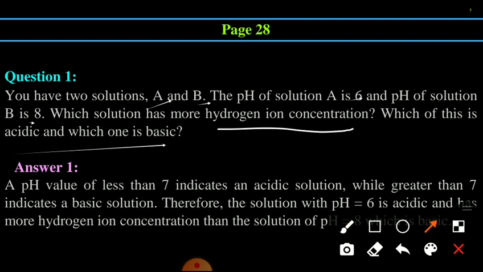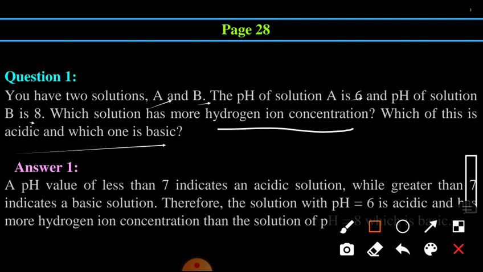So here first of all we have to consider solution A, pH 6. It means it is less than 7, so solution A is acidic. Then solution B, its pH is 8, that is more than 7, and it means it is a basic solution.